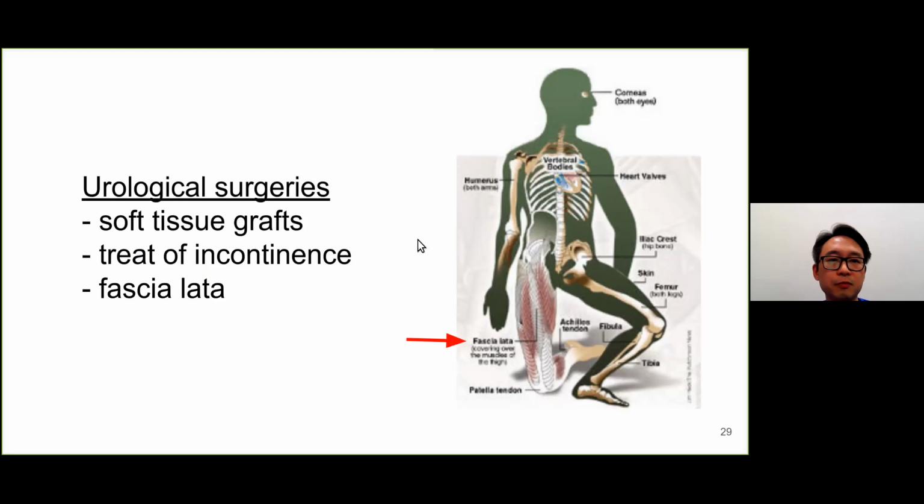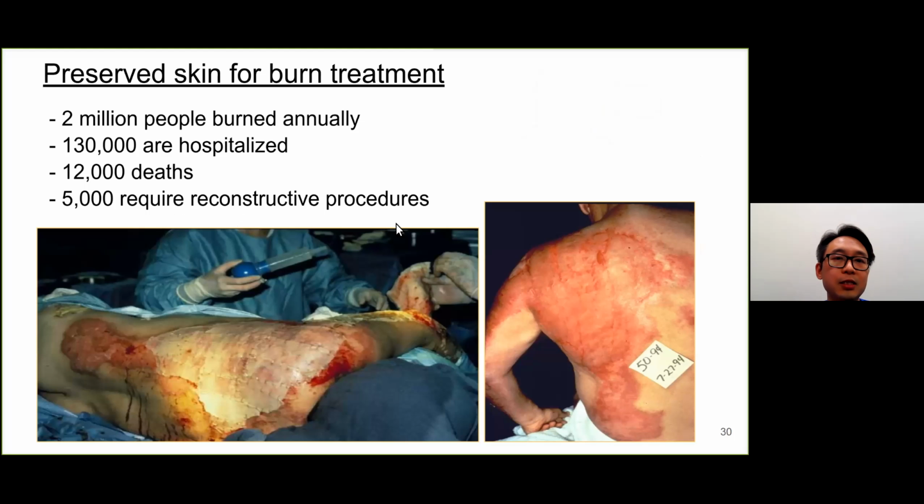And then skin that's taken from a donor can be used to help treat burn patients. In this country, about 2 million people a year suffer from burn injuries, and then about 5,000 eventually require reconstruction.